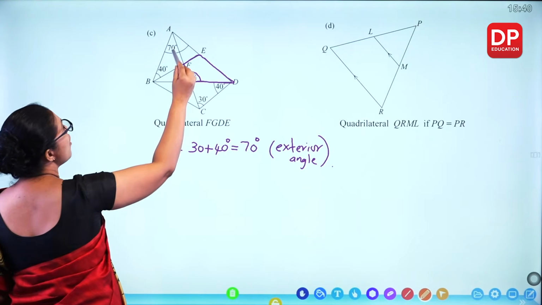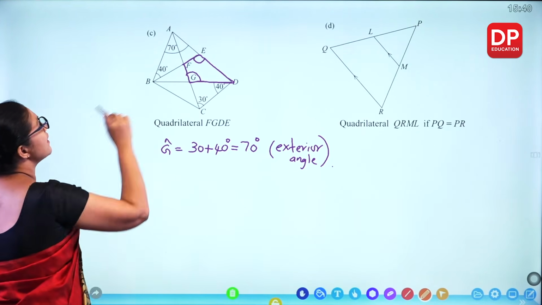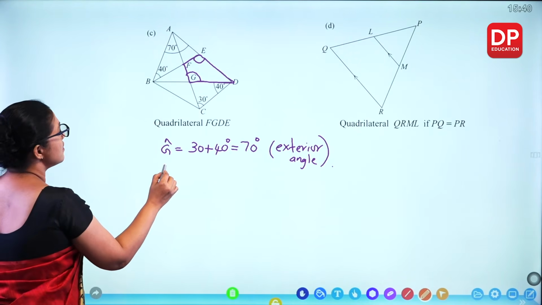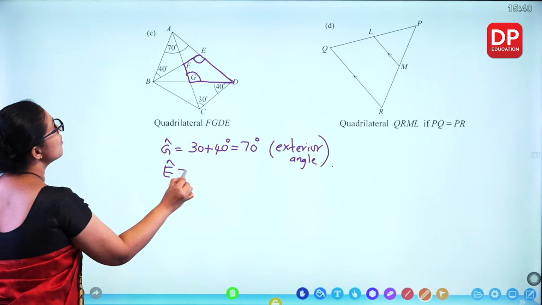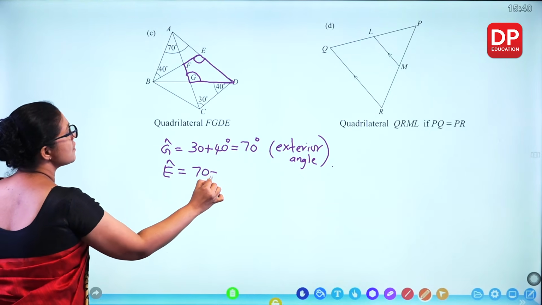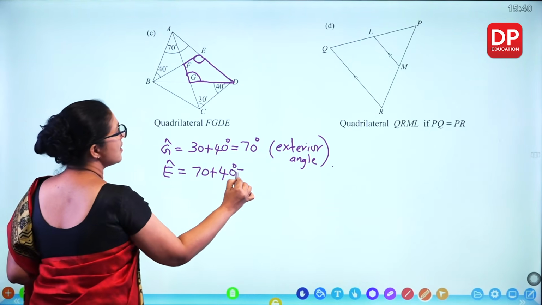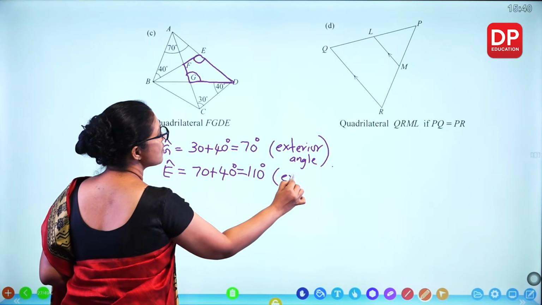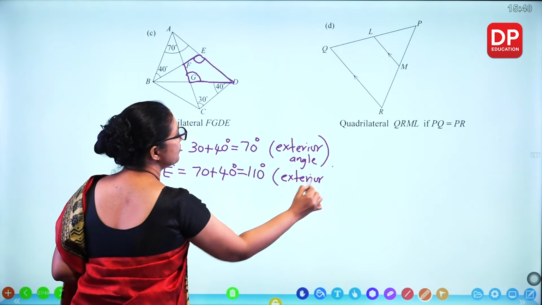What can you say about this angle, E angle? Look at ABE triangle. So E angle is also equal to 70 plus 40. Same reason. You get 110 because of exterior angle.